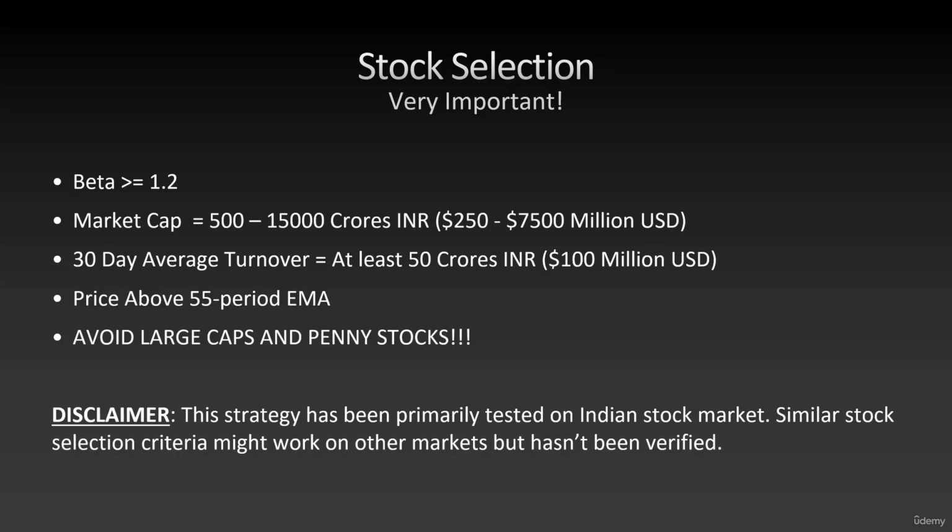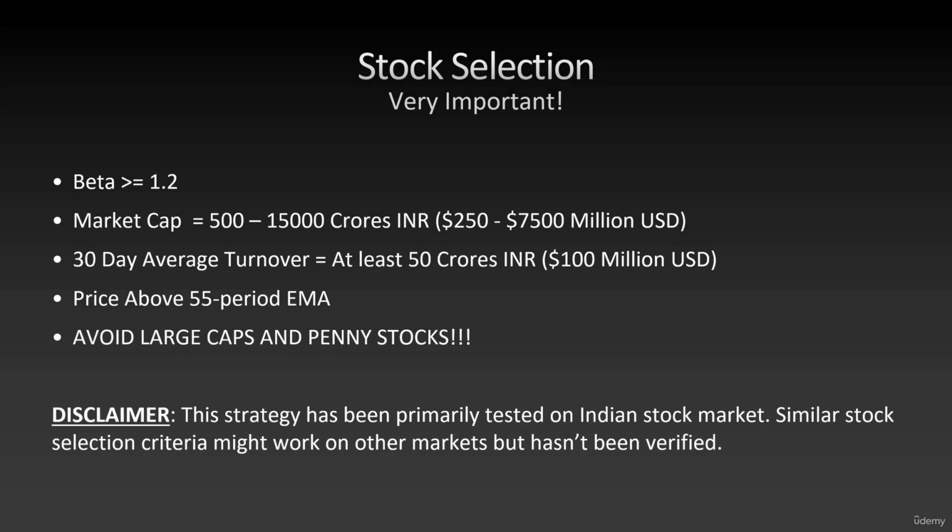For example, this is a momentum strategy, and momentum strategy typically works on mid caps, small caps, even micro caps. Large caps, it's not a suitable strategy because large caps do not really move much. They will give you like 2%, 3% kind of move. On a very good day, they might give you 5%, but you won't really get 10%, 15%, 20%, and those kind of moves in large caps, right?